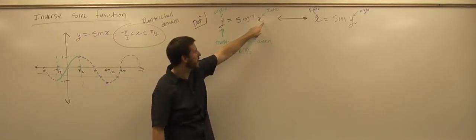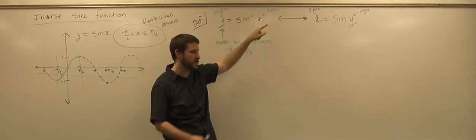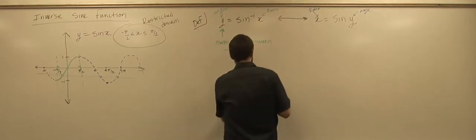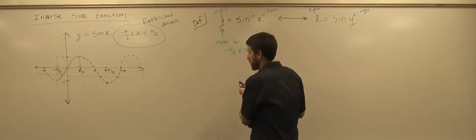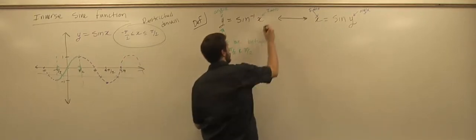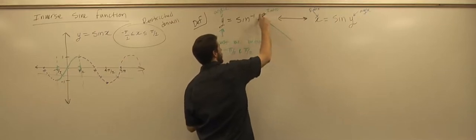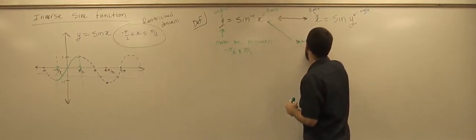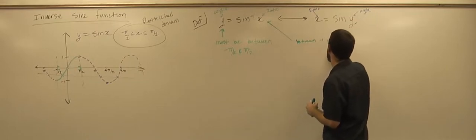But I also want you to realize that this ratio that you put in has to be between what and what? Negative 1 to 1. The thing that you put into sine inverse must be between negative 1 and 1. Why is that?